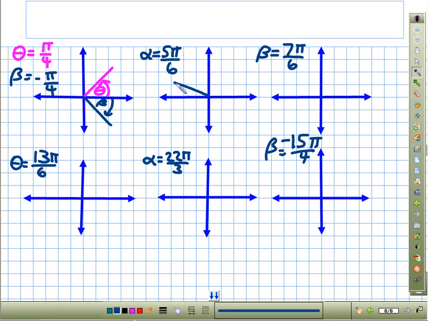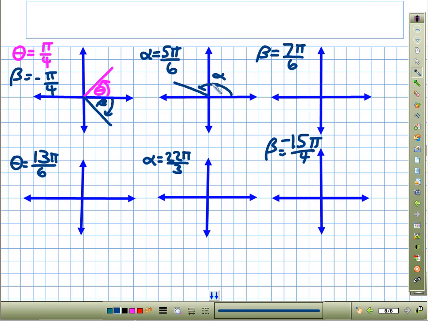So this angle is right there. This is alpha. It's 5/6 of the way around half of a circle. You can think of it this way: 1 pi over 6, 2 pi over 6, 3 pi over 6, 4 pi over 6, 5 pi over 6, 6 pi over 6. So 5/6 pi is 5/6 the way around half of a circle.